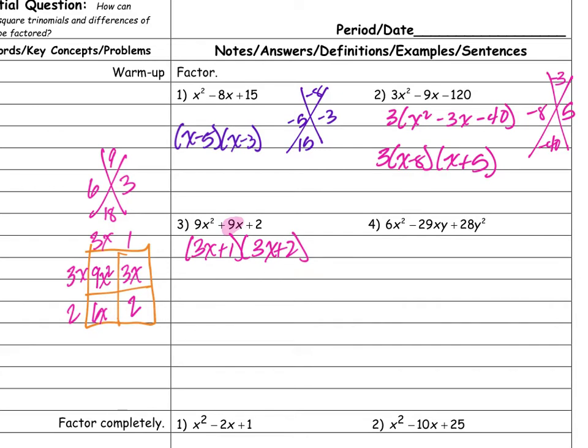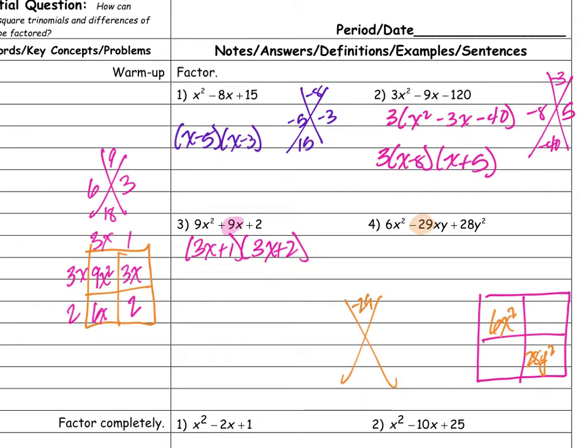I'm going to do the same thing for number 4. I've got 6x squared in this one and 28y squared here. I still need two numbers that add to be whatever this middle number is, -29. That part doesn't change.